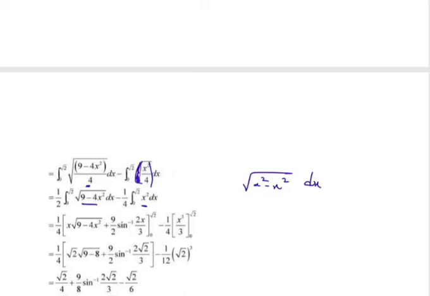It is x by 2, what we have here: x by 2 under root of a square minus x square plus a square by 2 sine inverse x by a form, right? So just substitute in the form of x by 2.